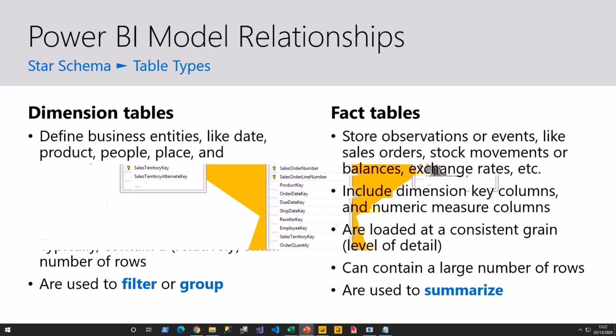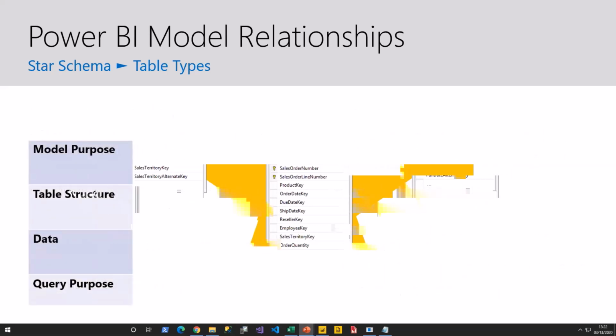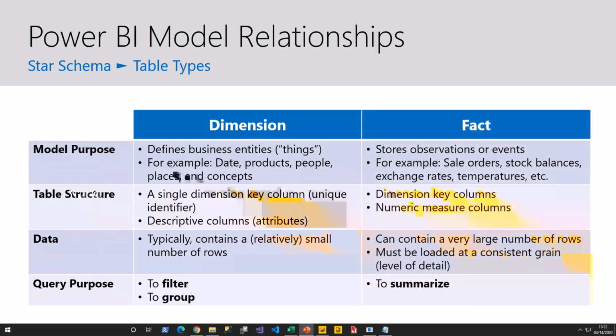All right, so notice I'm highlighting here filter, group, summarize. That's what every report visual does. It filters, it possibly groups, and then it achieves some summarization. And then using some graphical representation like a column chart, pie chart, or map visual is how we then convey that result to our human report consumers. All right, so this slide just compares the two.